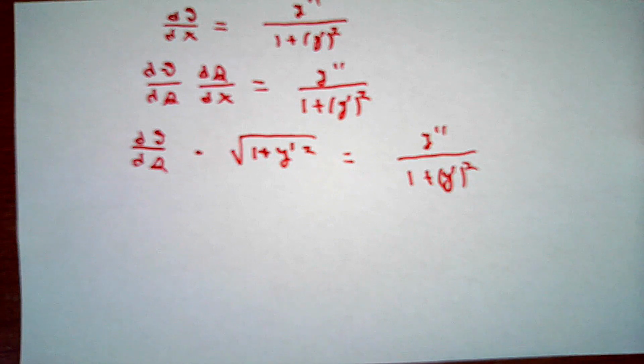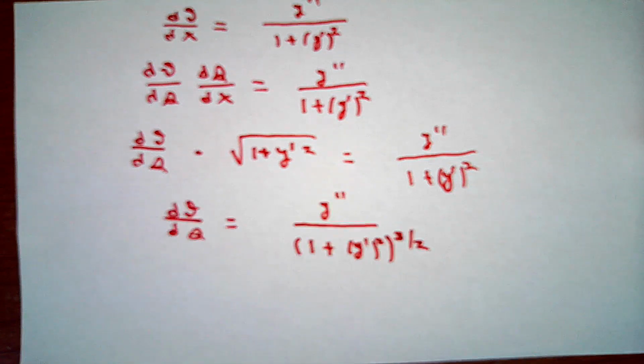Dividing by that radical quantity, we can get d theta ds by itself. This gives me the rate of change of the direction of the curve, the rate of change of the angle of inclination, with respect to the amount of distance that I've traveled along the curve.